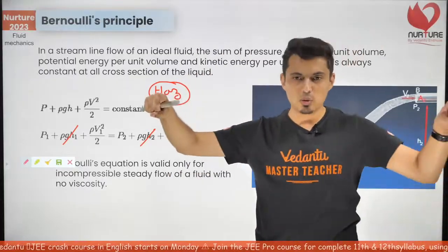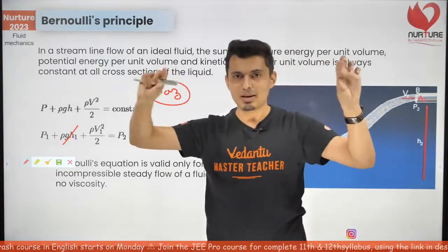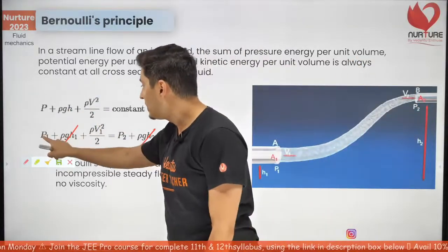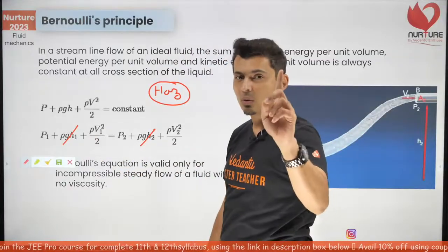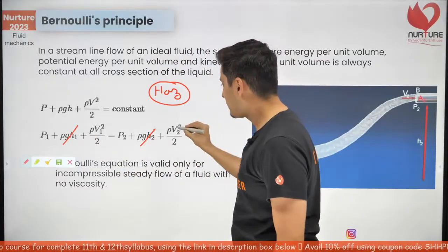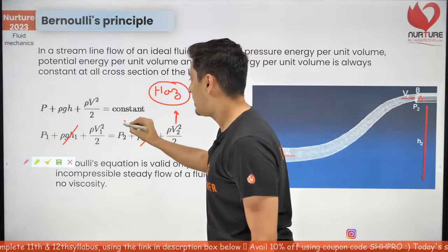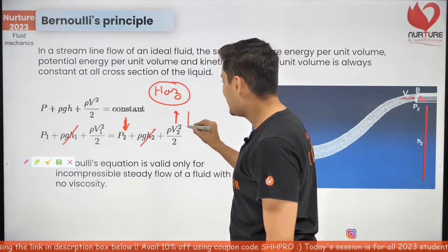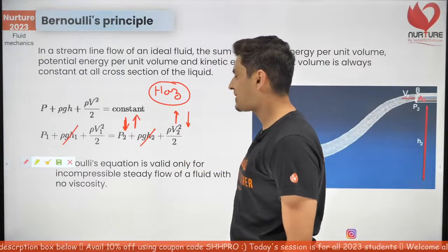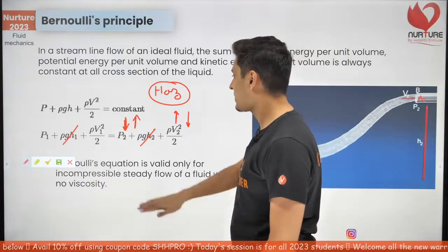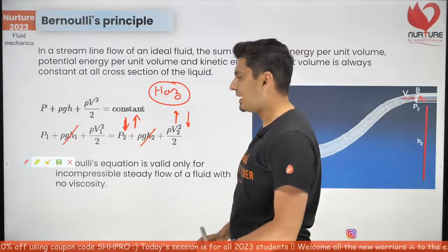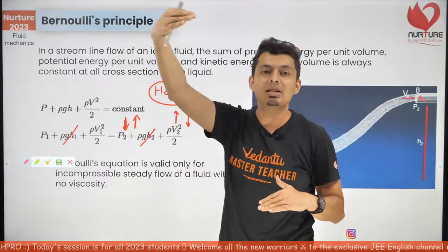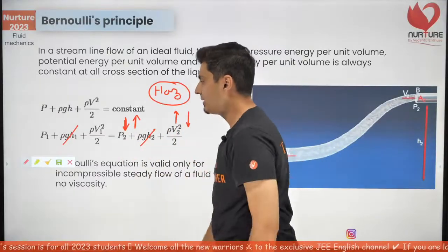Rho g h1, rho g h2, both will be equal because the pipe is horizontal. The cross section could be different. That means we have only two terms over here. So if the speed increases, what should happen? The pressure should decrease. Agree? And if the speed decreases, the pressure should increase. This is very interesting, and I'll give you a very interesting application for that. So if speed increases, pressure decreases. Speed decreases, pressure increases to keep their sum constant.